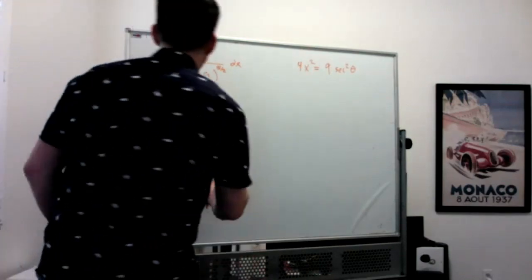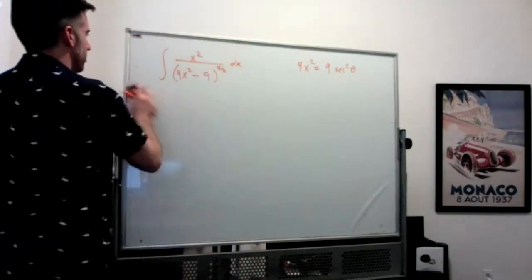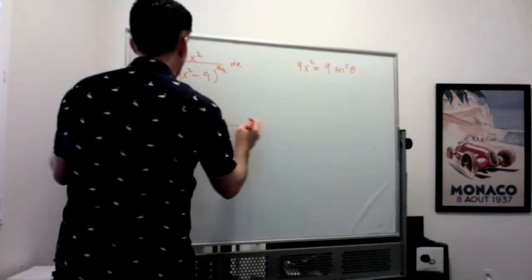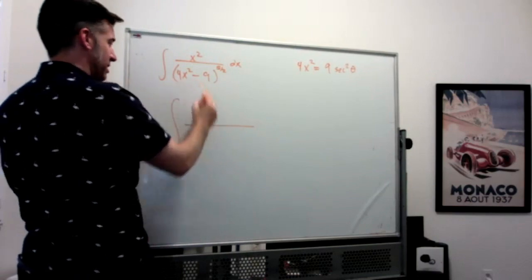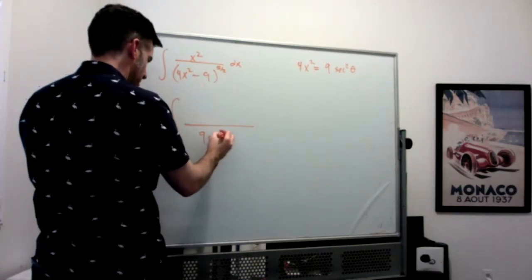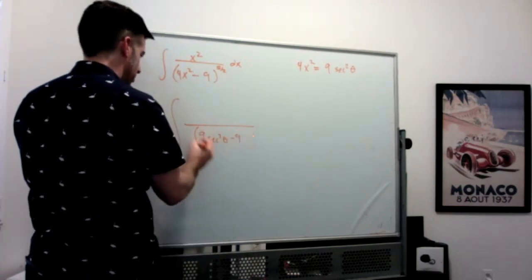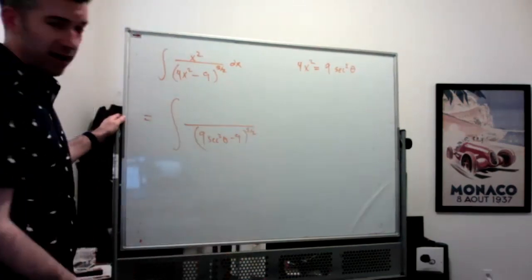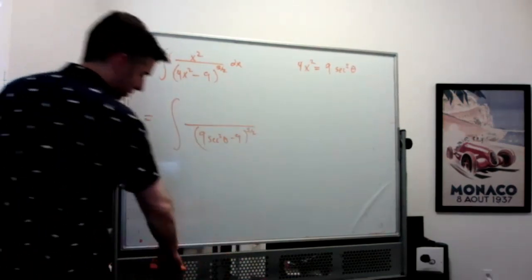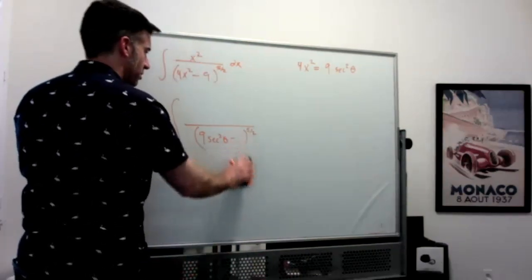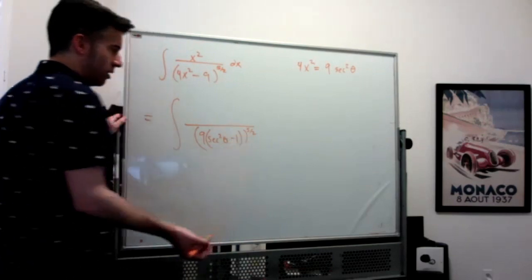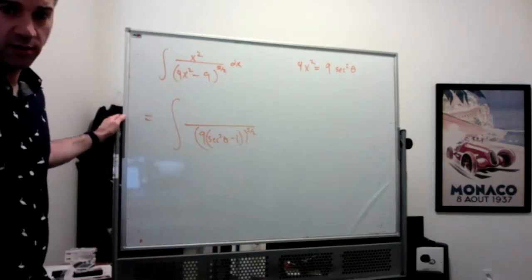So that when I rewrite this, I get 9 secant squared theta minus 9 to the 5 halves power. That's what I care about happening. Specifically, I'm going to factor out the 9, so I have 9 times secant squared minus 1, all to the 5 halves power.